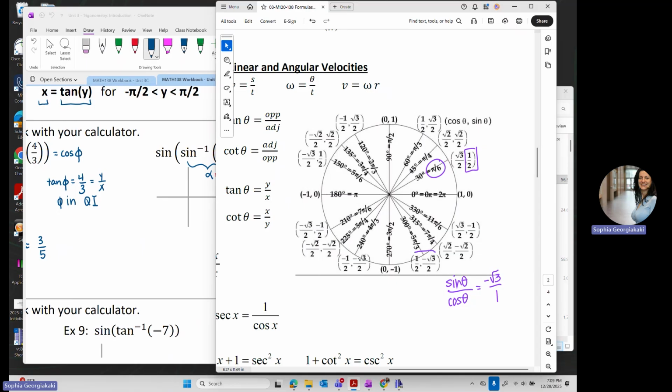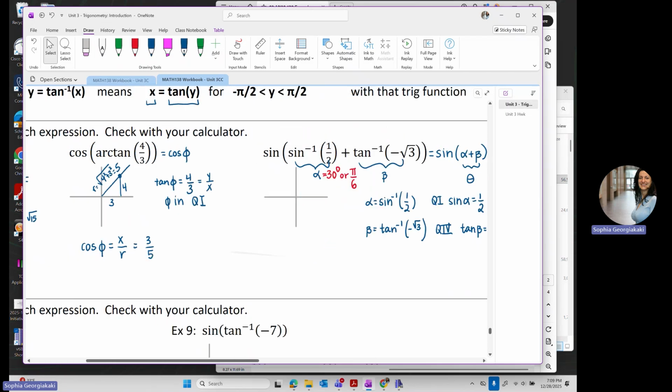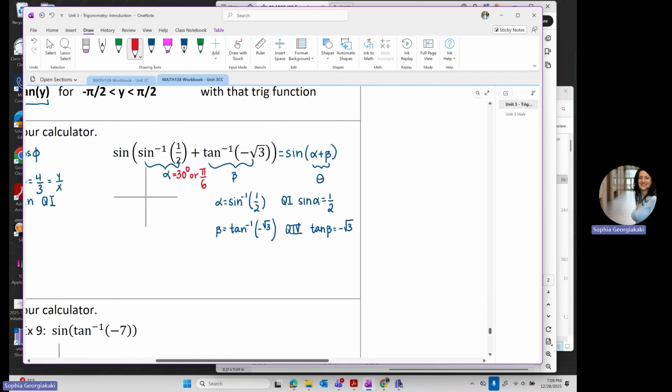And that will be this angle over here. This angle is not 300 degrees because it's the inverse tangent angle. So it will be negative 60 degrees. So beta is negative 60 degrees or negative pi over 3.